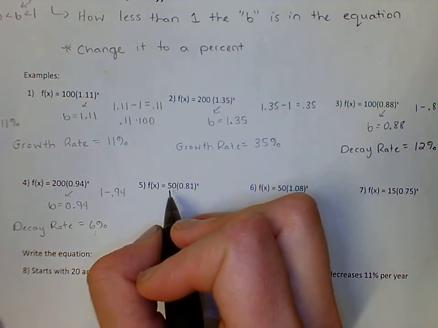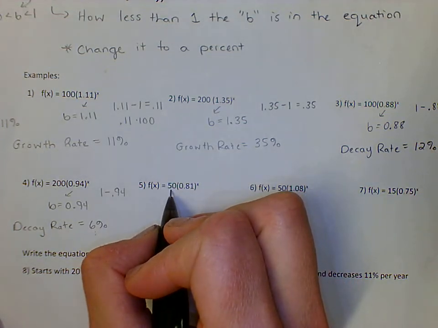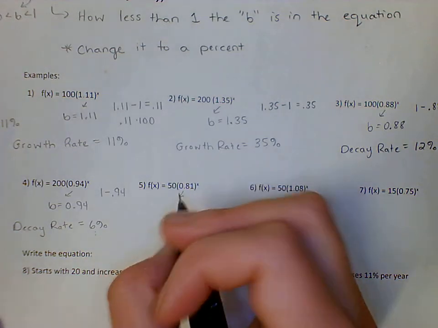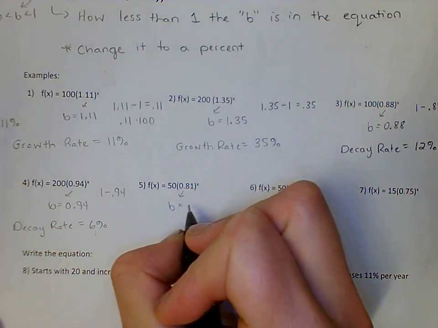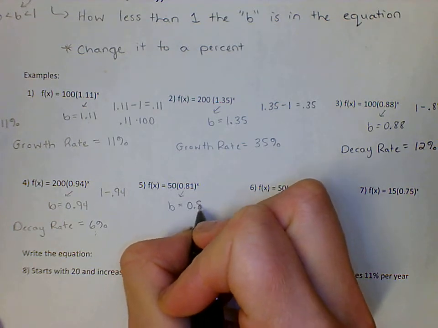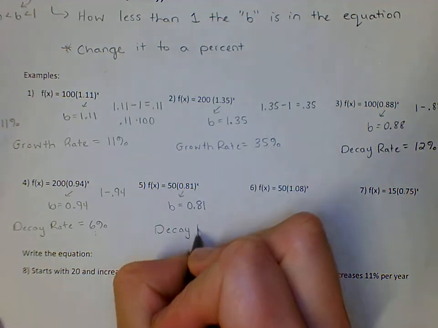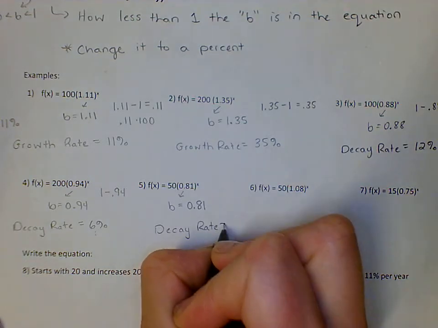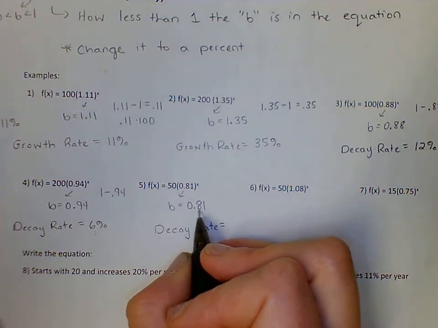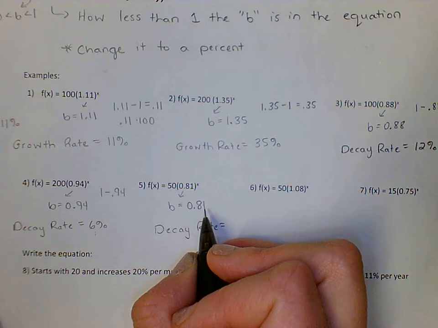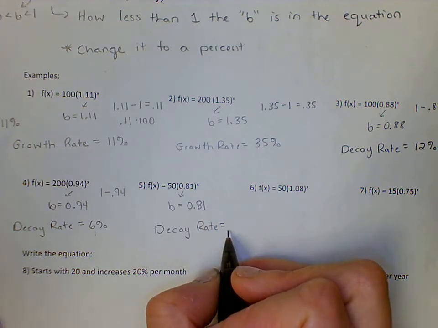So with this one, if these were people, we started out with 50 people, and then we're multiplying by 0.81 each time. So that number is between 0 and 1, so that means the population would be decaying. So we just have to tell how fast it's decaying. So if, think about that like it's a percentage, if 81% is staying, that's the percent that's staying, then how much is going away?